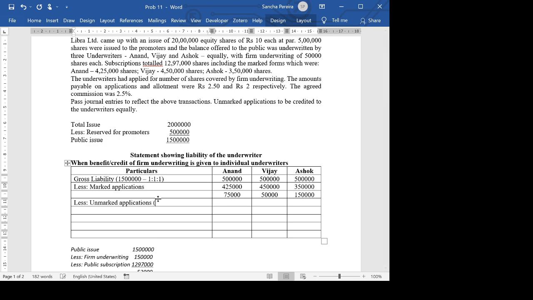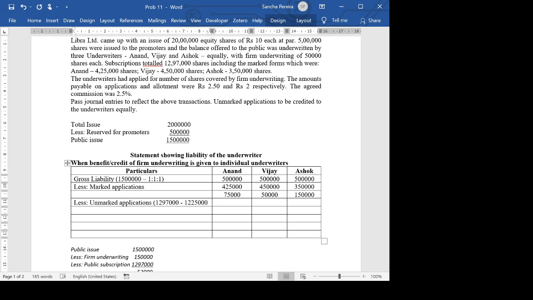Now, to do a small calculation, the total public subscription is 12 lakhs 97,000. From this 12 lakhs 97,000 I need to minus all the marked applications, which come to 12 lakhs 25,000.